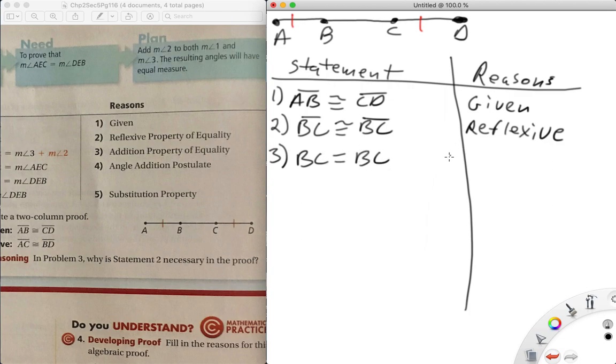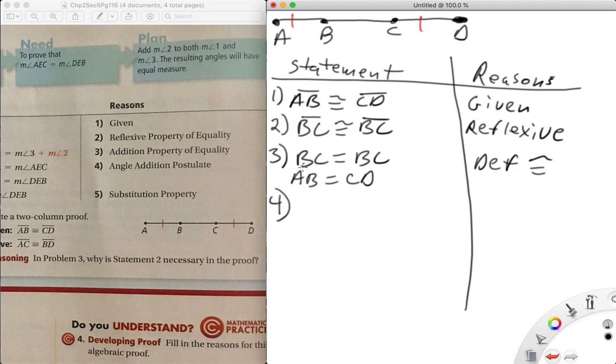And I can say also that AB is equal to CD because of the definition of congruent segments, which says that if something is congruent, then they're equal, and vice versa. If something is equal, then they're congruent. And we have this definition given to us in earlier sections.